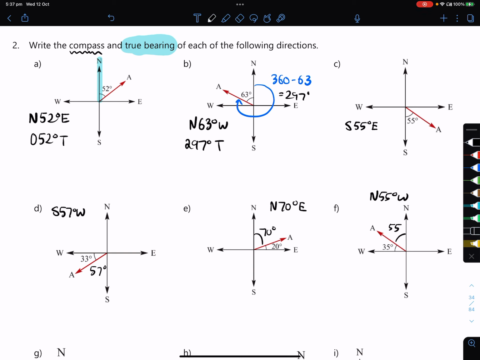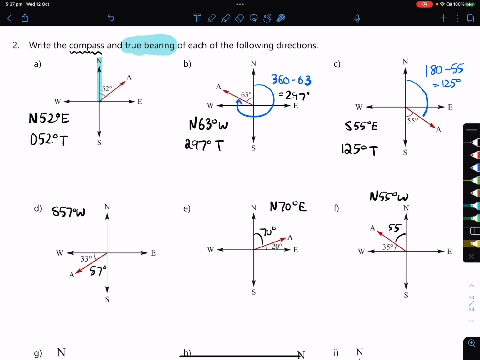For question C, we have to calculate what this angle is. So if we start from a northerly direction and we rotate until we go to that line, then we're rotating a total of 180 subtracted by 55, which is 125 degrees. So that is our true bearing, 125 degrees true bearing.